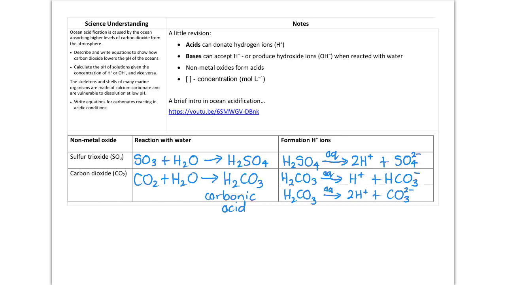But as I said, carbonic acid is a weaker acid, so most of them stay as H2CO3, so most of the hydrogens stick with the carbonates, but a small number are donated, as opposed to the strong acid sulfuric acid that donates all of its hydrogen ions.